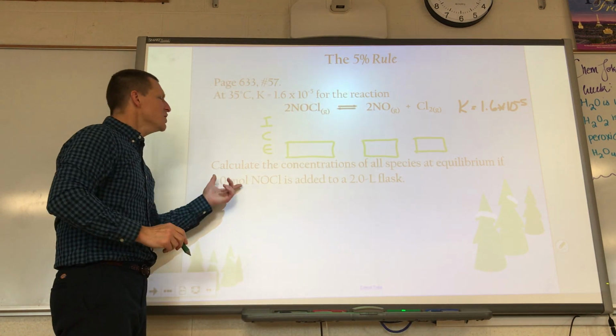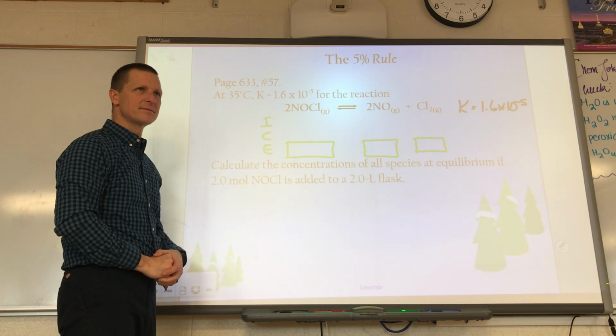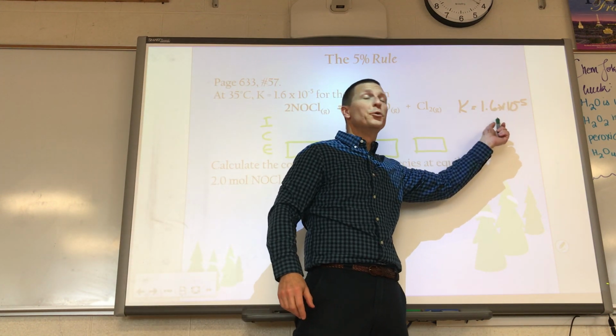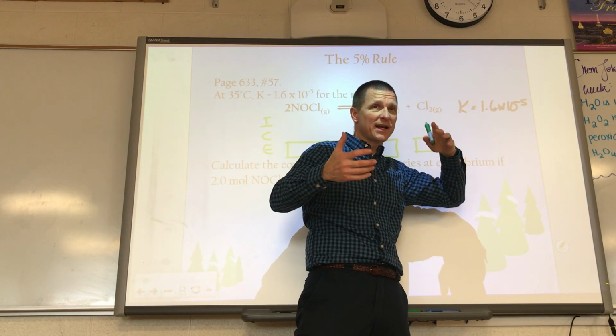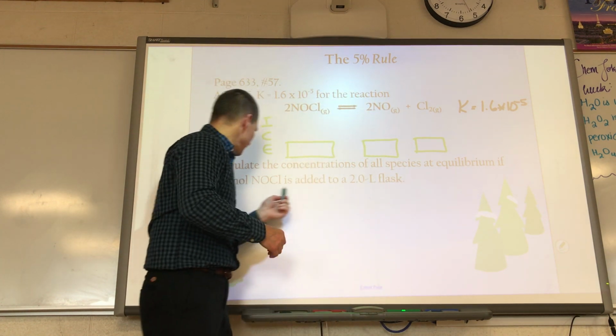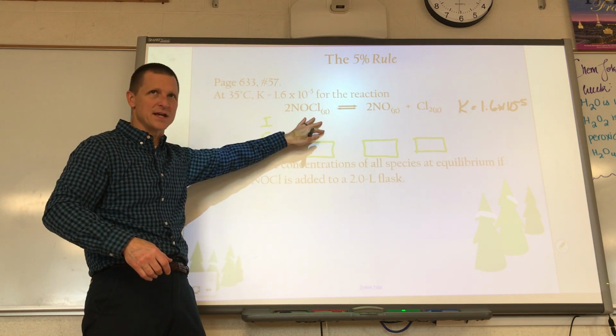If 2 moles of NaCl is added to a 2-liter flask. Remember how this is a Kc, which represents the ratio of the concentrations of the products over the reactants? If you see 2 moles, don't just throw 2 moles up here. We don't put moles into the ice table.